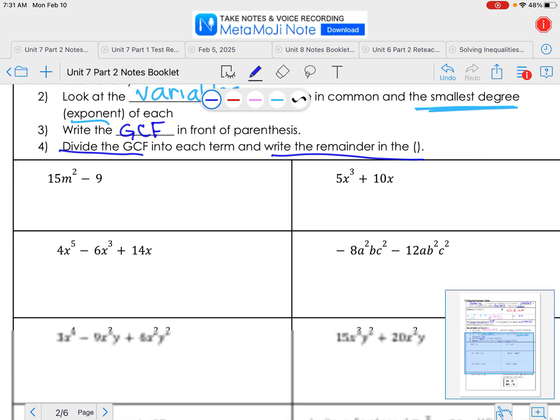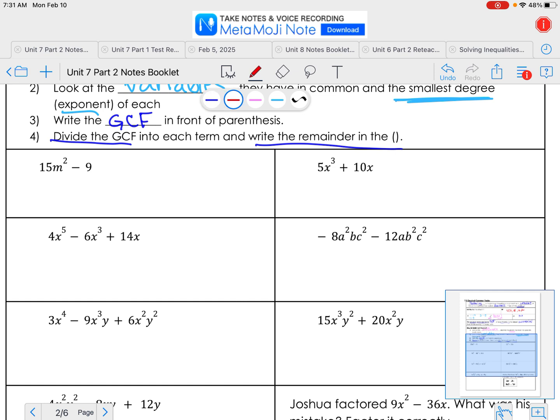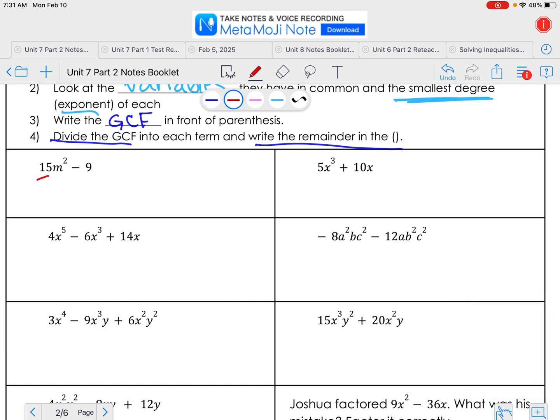So first, let's just identify some GCFs. What's the GCF? Remember, we look at the coefficients first, of 15 and 9. Well, they both have 3. But look at this. This one has M's, this one does not. So they do not have any letters in common, any M's in common. Let's look at this one.